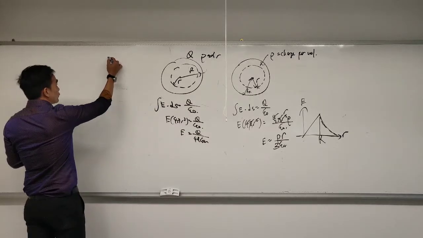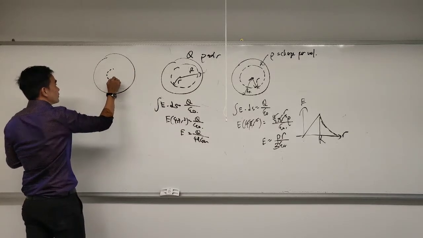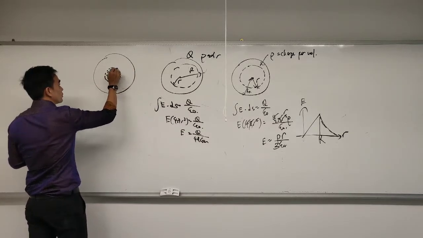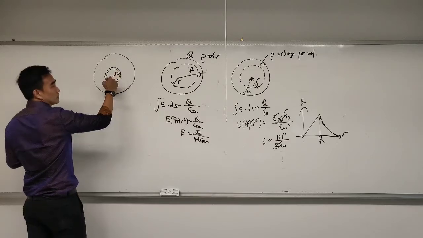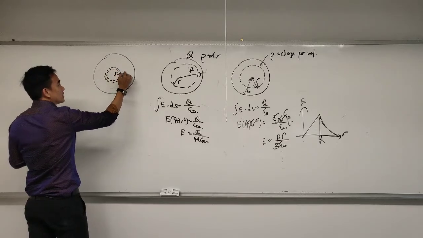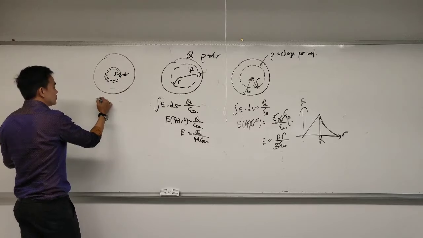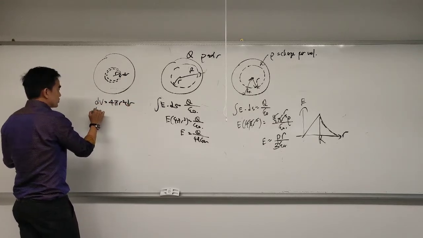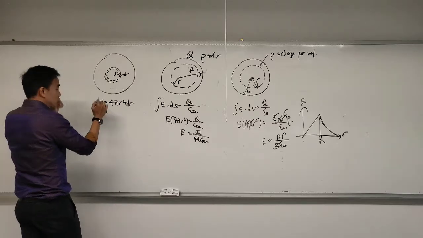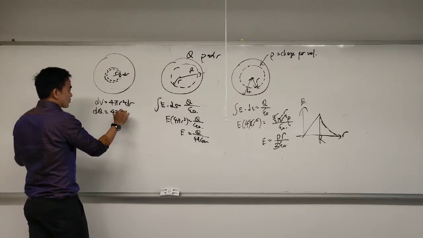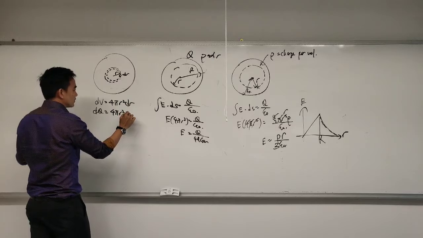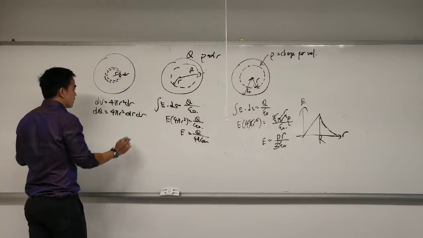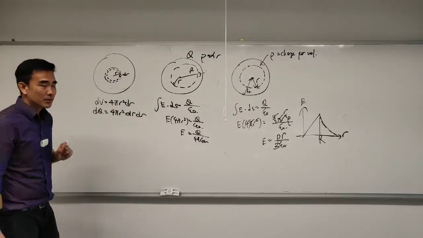Now, for this, we need to imagine shells. This is a shell of radius r and thickness dr. So the volume of this shell is 4 pi r squared dr. So the small charge of this shell will be 4 pi r squared times alpha r dr. It'll be the volume multiplied by the charge density.